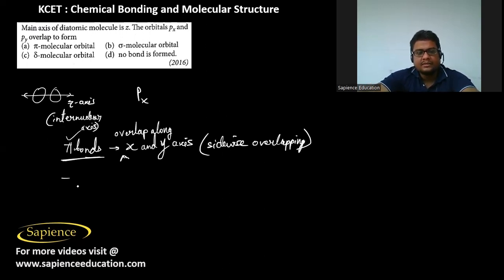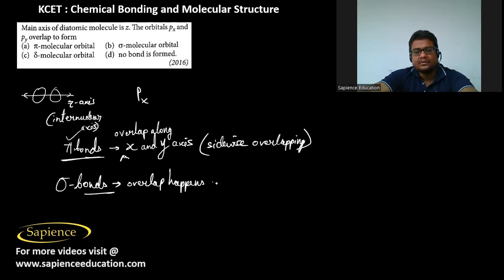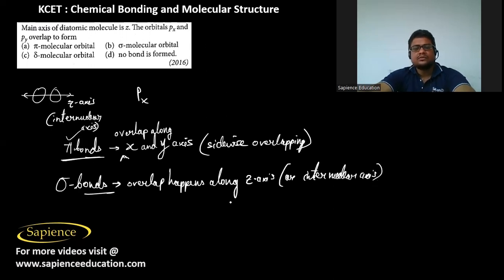And in case of sigma bonds, the overlap happens along the internuclear axis or the z axis. So here a sigma bond is formed.